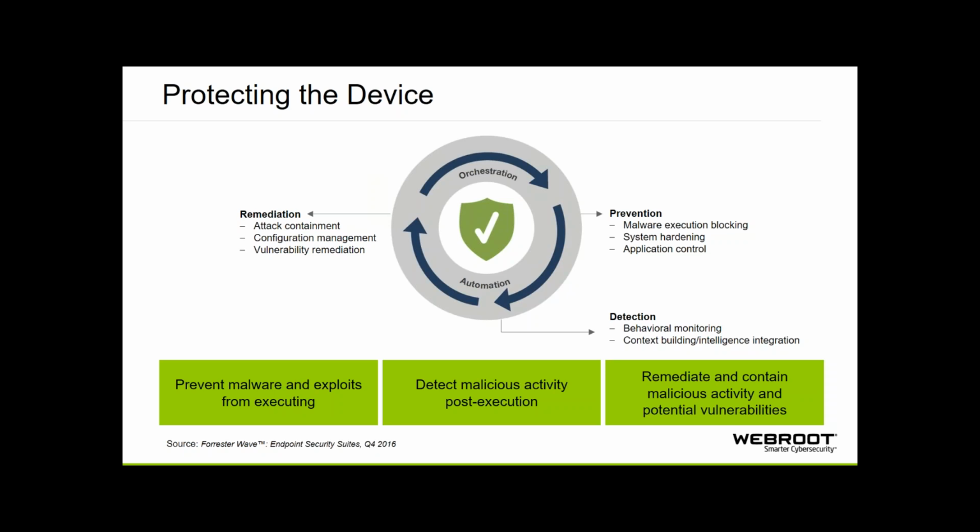They're not very good, whereas we are, at the prevention stage, and they're not very good at the remediation, but they're very, very good at that detection, and maybe actually very good at the attack containment, but they're not necessarily very good at remediating the vulnerability that's been found in the first place. So something to think about when you're thinking about your endpoint security is to put it into this context, which I think, from the analyst point of view and from an understanding point of view, gives you a very good idea of what's going on and what to consider.